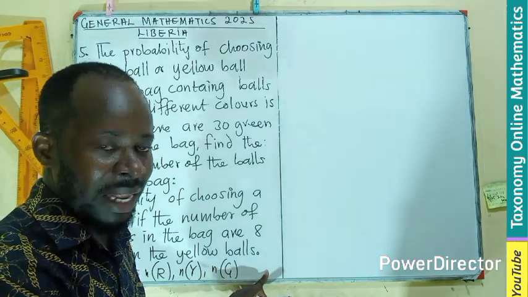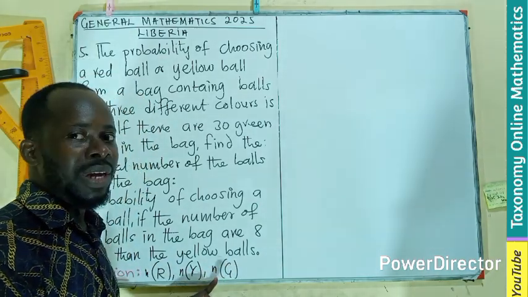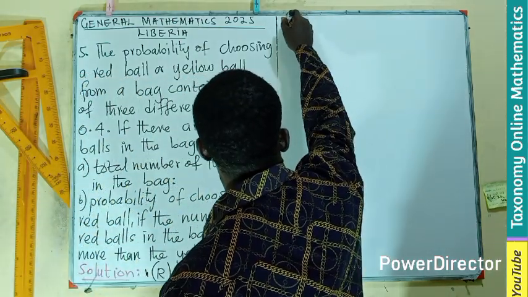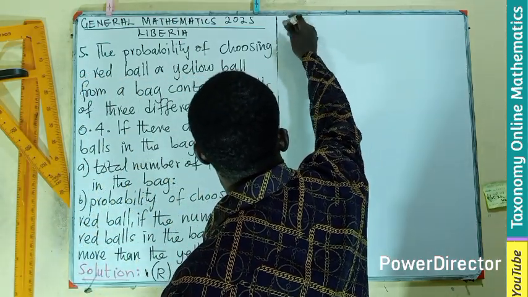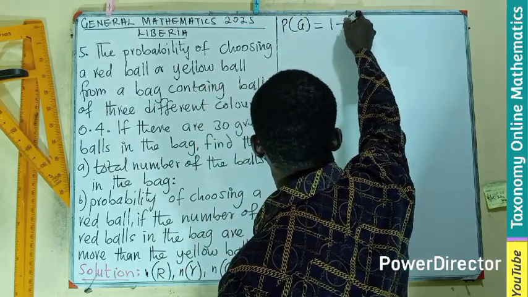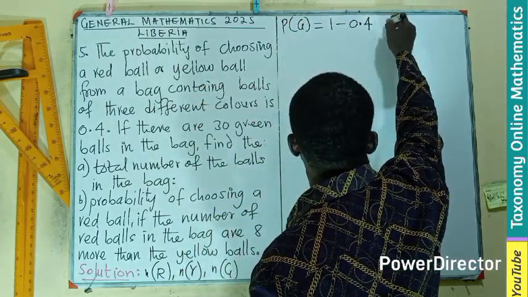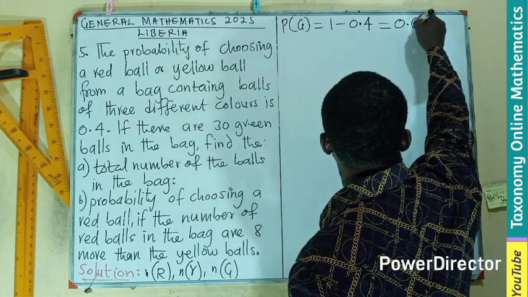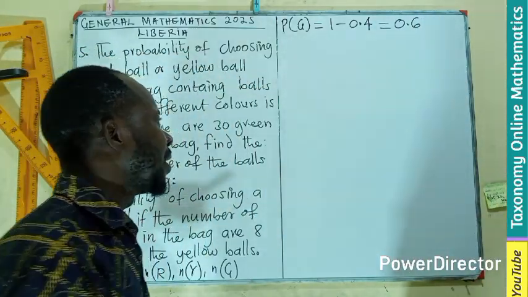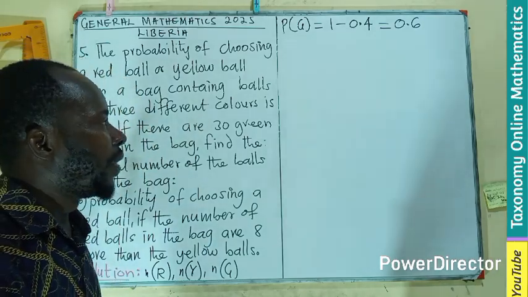So automatically I can find the probability of the green to be the next one that will make 100. So the probability of green equals 1 minus 0.4, which will give you 0.6, which is 60% of the balls are going to be green.